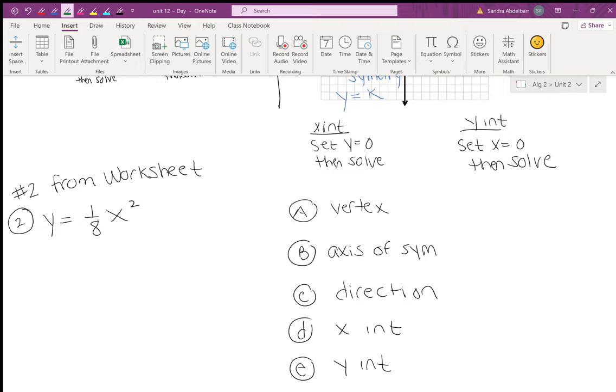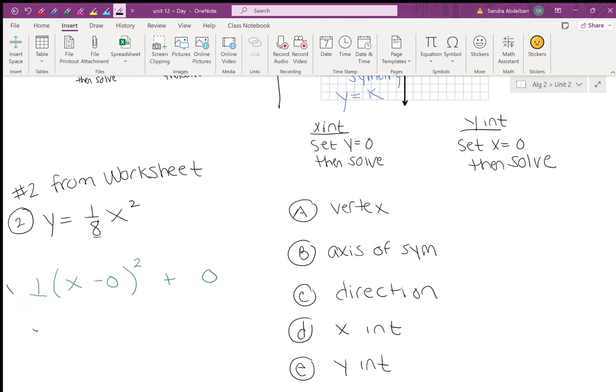So now what we're going to do is put this in vertex form, even though there's not really much to manipulate. This 1/8 is my a. Do we all agree that 1/8 is our a? Then I'm going to open up my parentheses. X squared, isn't that the same as x minus 0 squared? Plus, what is my k? 0. So it's y equals 1/8 times the quantity of x minus 0 squared plus 0.